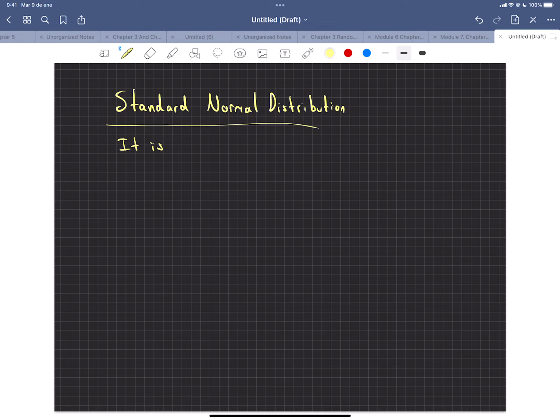It is a normal distribution but with mean, or mu, equal to 0 and sigma equal to 1.